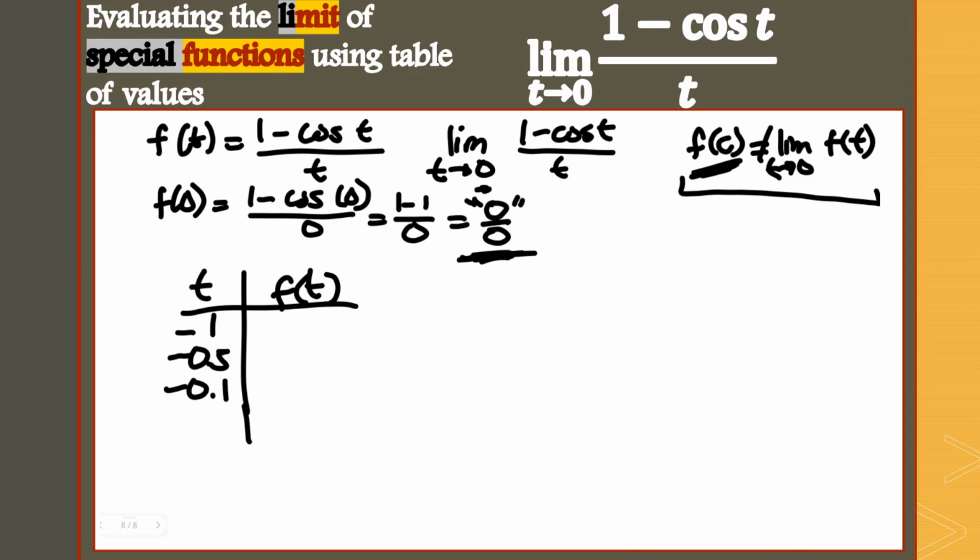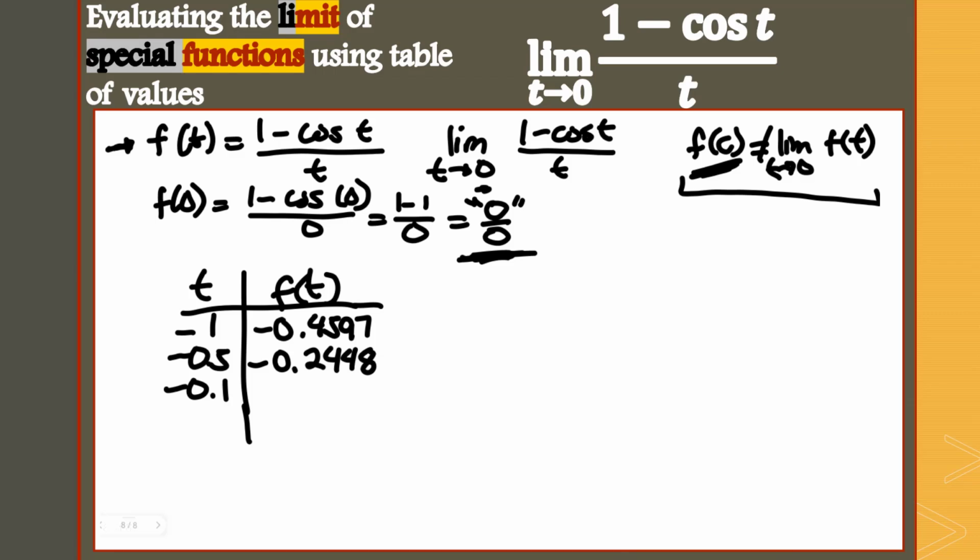Our f of t will be the value after substituting t into our given function. As we try negative 1, approximately in 4 decimal places, the value of f of t is negative 0.4597. You can check that using your own calculator. With this value, we still cannot give the correct limit from the left, so let's continue with the other values. For negative 0.5, you will have an approximation of negative 0.2448.